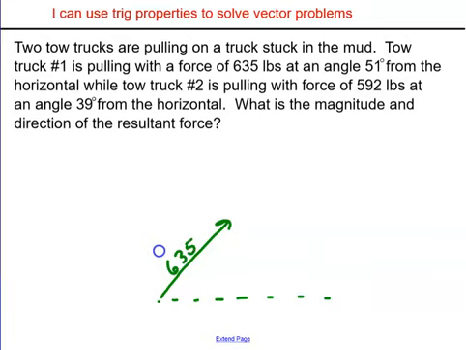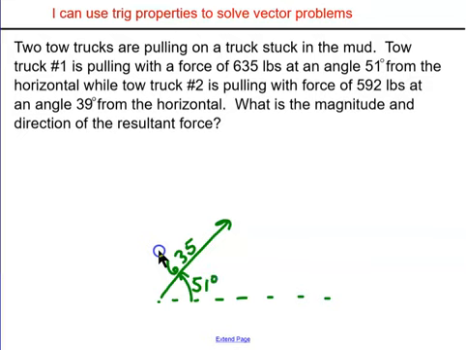All right. Now the second one is going at a force of 592 pounds, 39 degrees from the horizontal. So this degree here was 51.